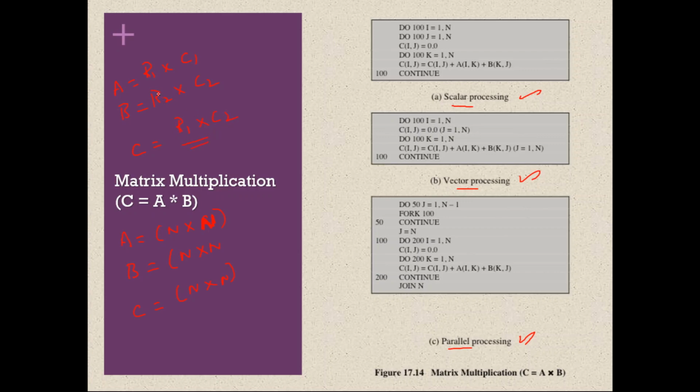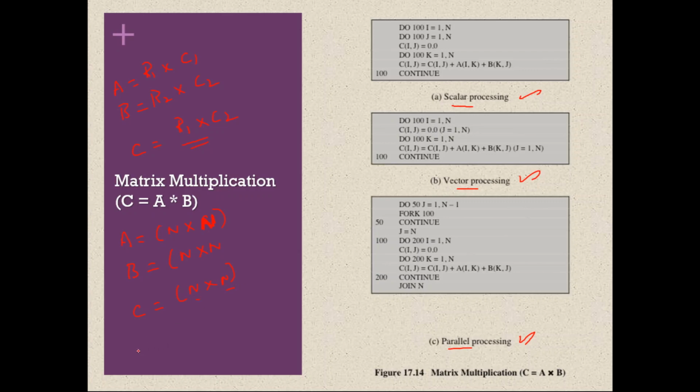The number of columns in the first matrix should be equal to the number of rows in the second matrix. So if matrix A contains n rows and n columns, and B contains n rows and n columns, then the resultant matrix will have n rows and n columns.